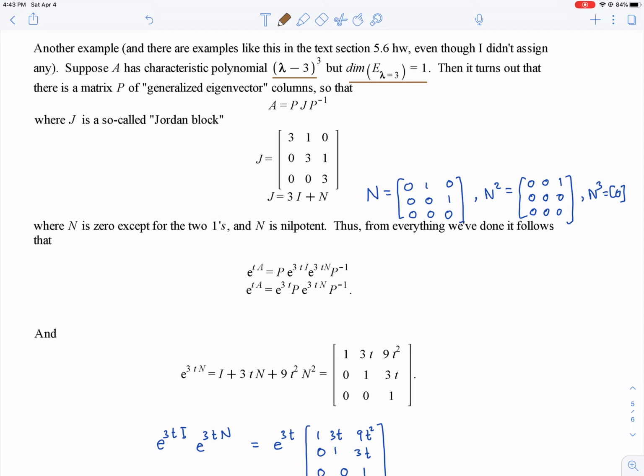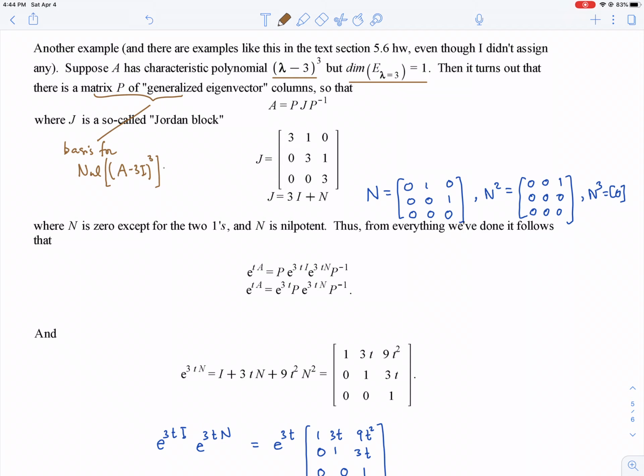Then you can make a matrix P of what are called generalized eigenvectors, and they'll actually be a basis, in this example, for the null space, not of A minus 3I, but of A minus 3I cubed, which is a larger space, because if A minus 3I doesn't kill a vector, then maybe A minus 3I times A minus 3I times that vector is 0, and so on.